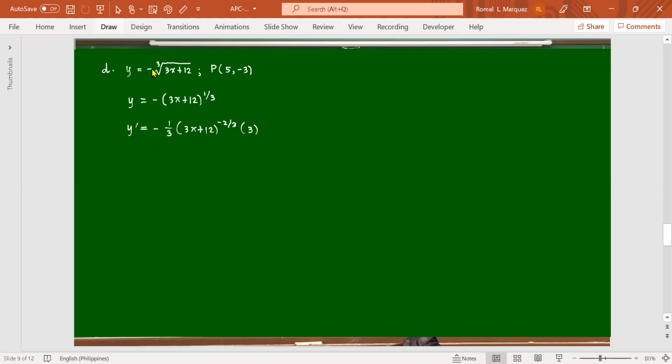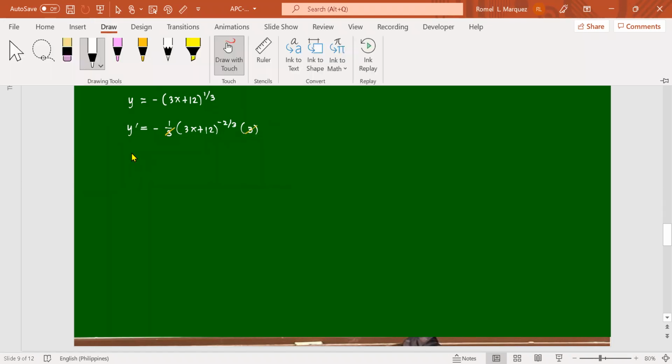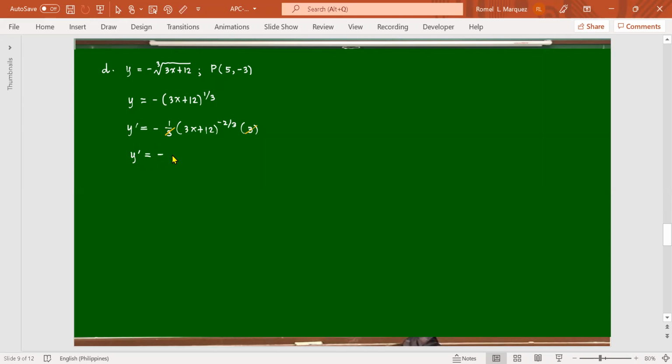So this is canceled out. So y prime is equal to negative 1 over 3x plus 12 raised to 2/3.